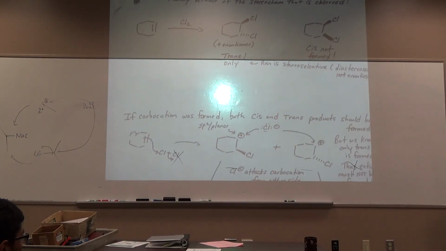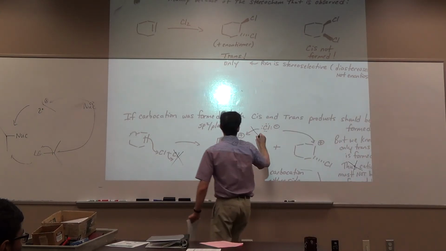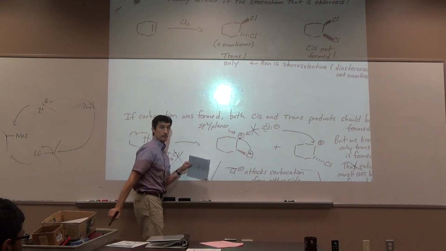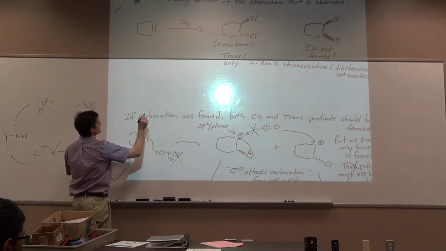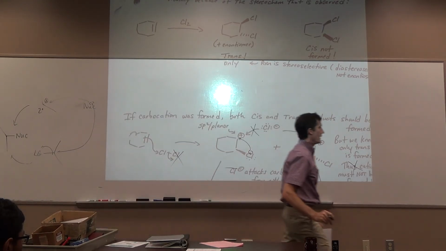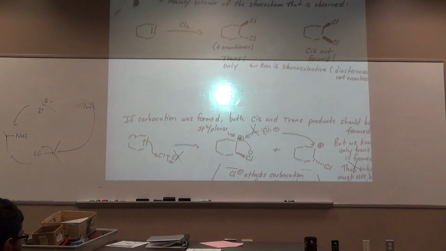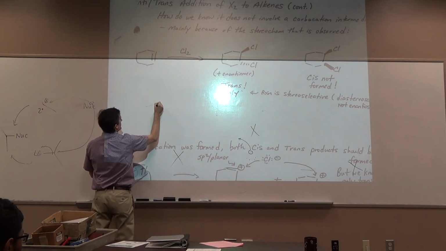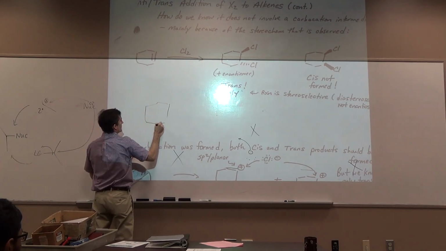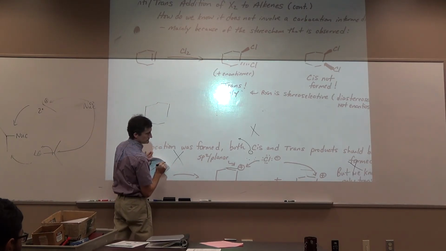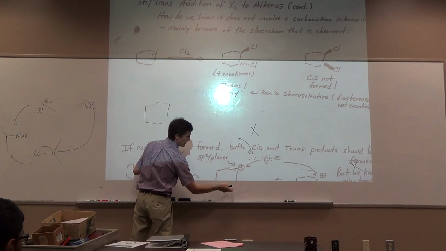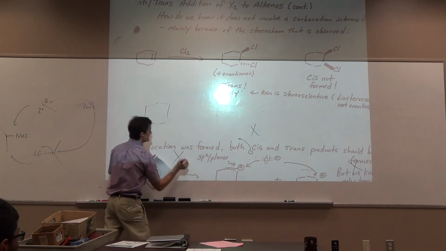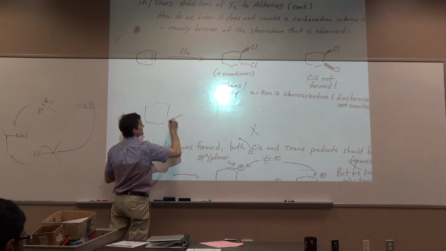Instead, what's going on? This attacks here, right? And maybe let's draw it up here. When that attacks there, what do you get? This chlorine was that bolded? Okay, that was bolded.